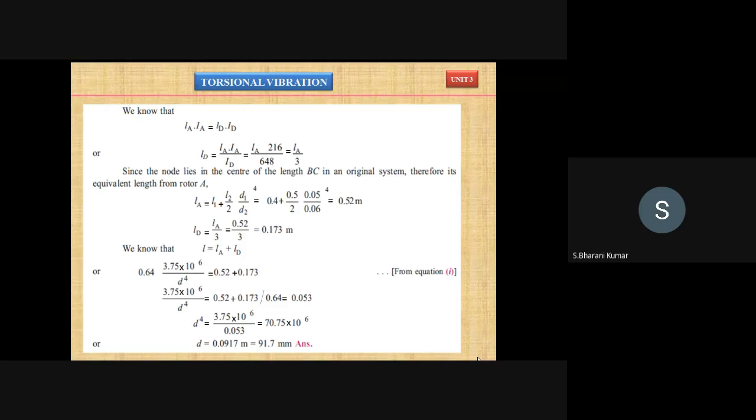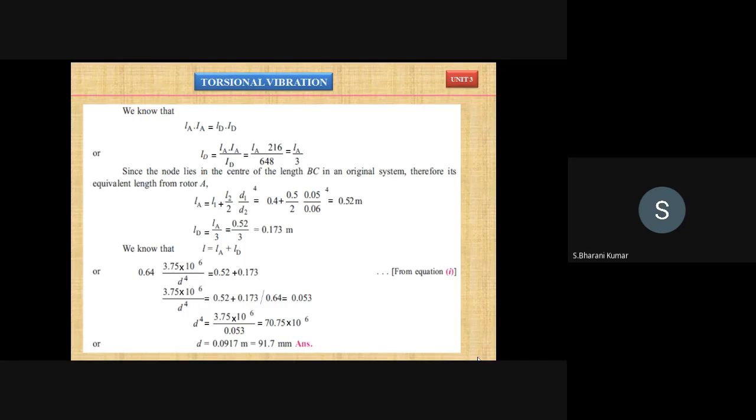So in this sum, we want to find out two things. One is the diameter of a shaft, and the next one is the frequency. In the last sum, we found the node position and frequency.